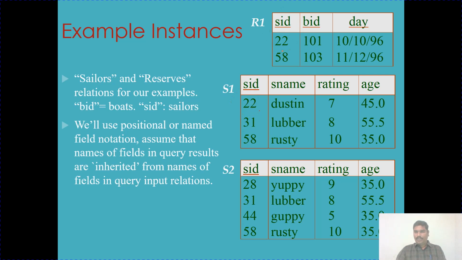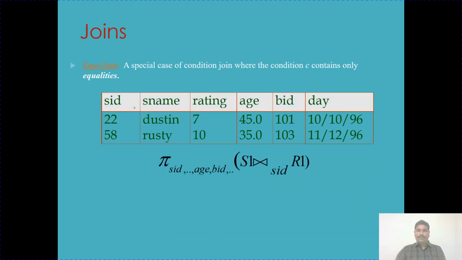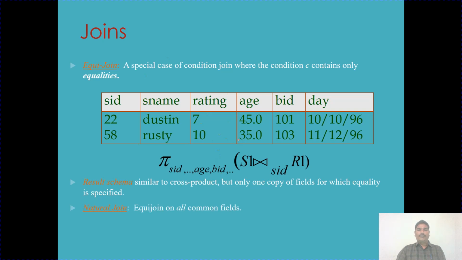The names are different but the SID name is Dustin, with rating and age. Only one copy of the equal SID is taken. The result schema is similar to a cross product, but only one copy of the fields for which equality is specified. Next, what is the natural join?